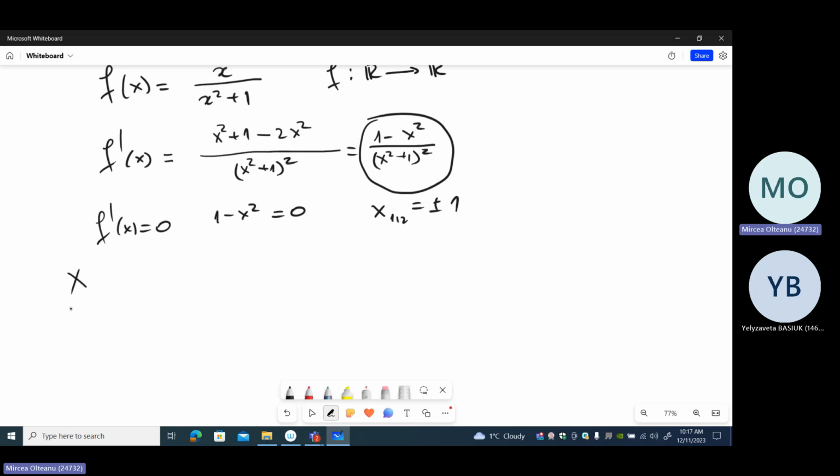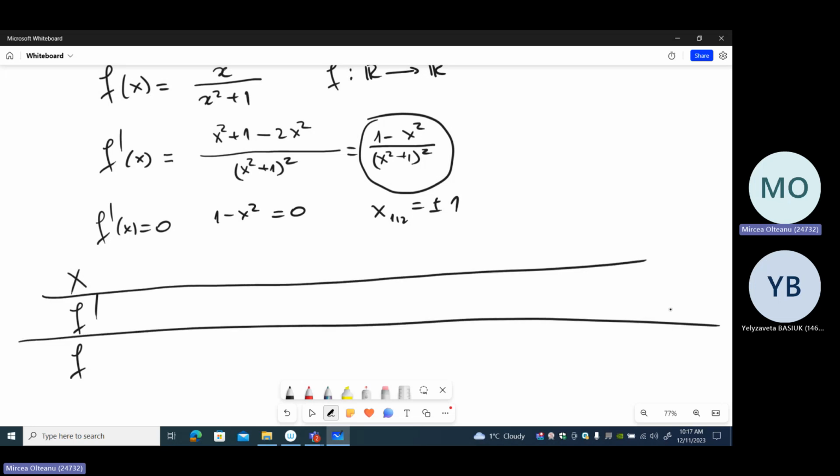It is the sign of f prime and it is the behavior of f, monotonia. It's the sign table for f prime, but it is more complex. It's not just the sign of f prime, as we can see. Okay, the variation table, this is how it is called, which gives us the behavior of the function f.